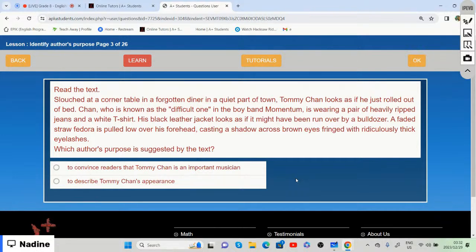We need to say which author's purpose is suggested by this text. Is it to convince the reader that Tommy Chan is an important musician, or is it describing Tommy Chan's appearance?